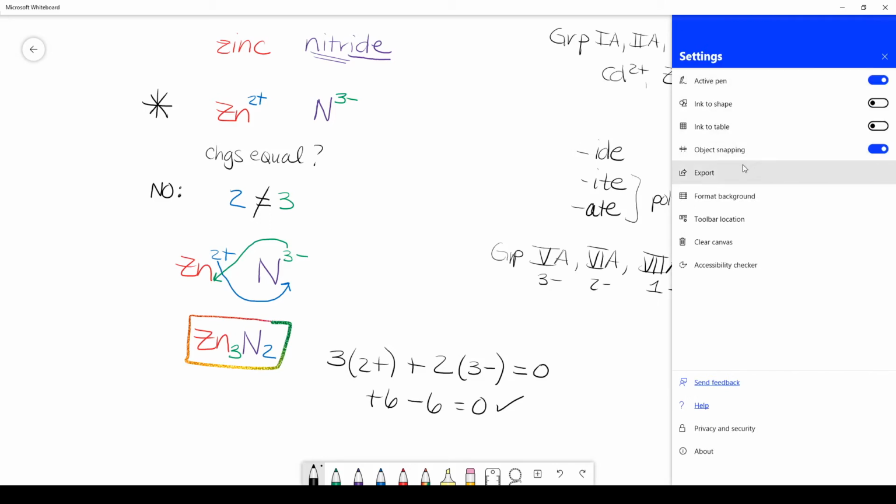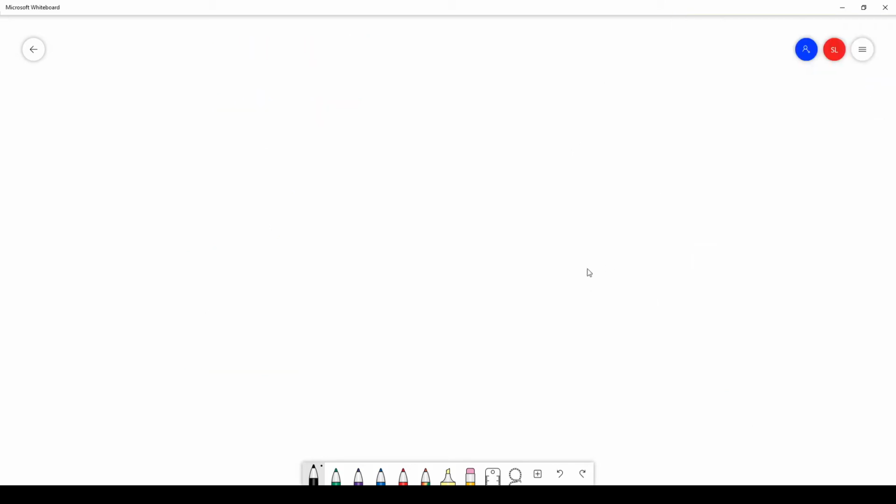So we'll move on to the next example. Our next example is chromium(VI) hydroxide. Again, when we're writing the name, it always consists of 2 words.